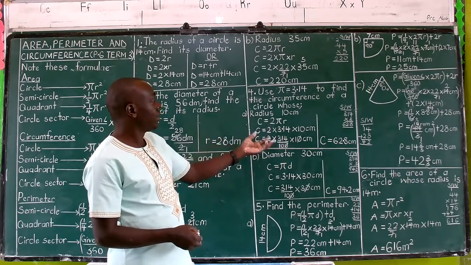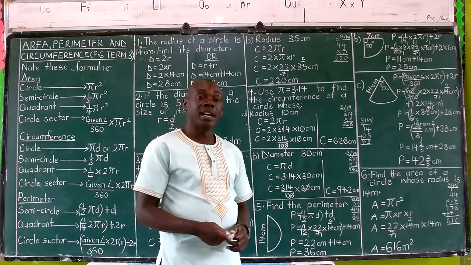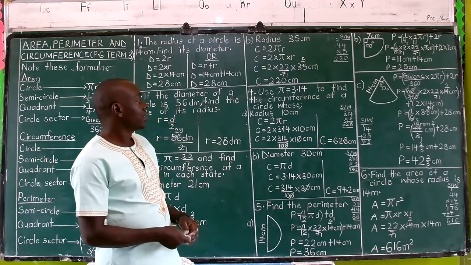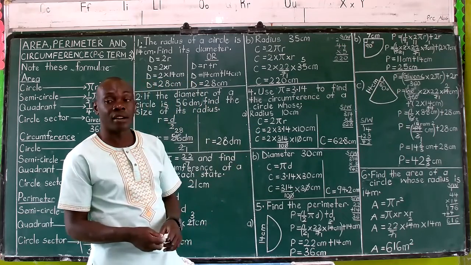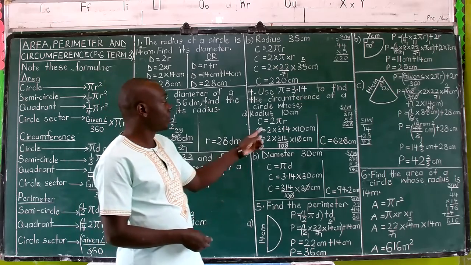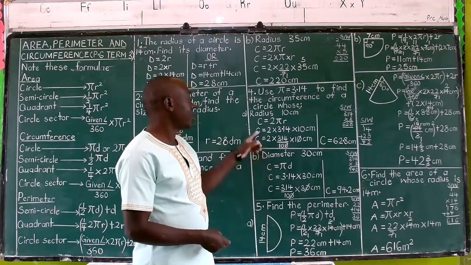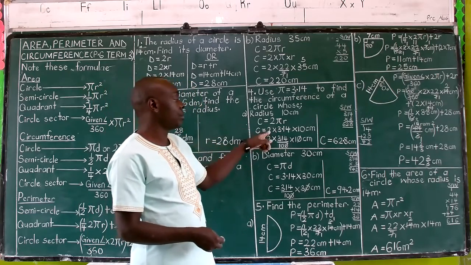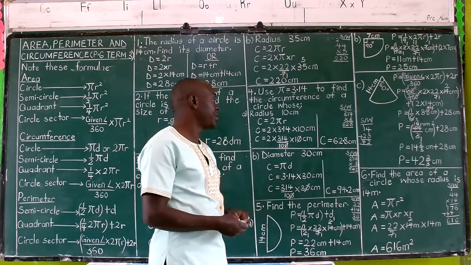So given the radius of 10 centimeters, find the circumference of a circle taking pi at 3.14. Now that you have given radius, the formula takes that r option. That is circumference equals 2 pi r, which means 2 times pi times r. And now substitute accordingly, circumference is equal to 2 times 3.14 times the 10 centimeter radius.